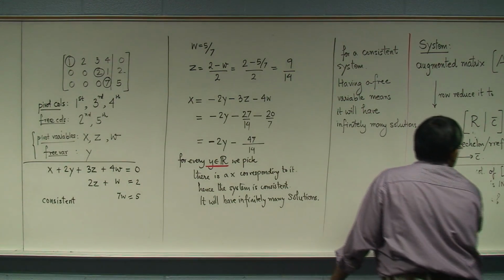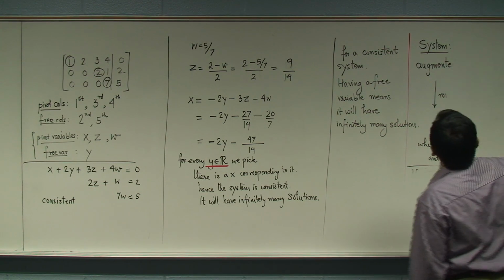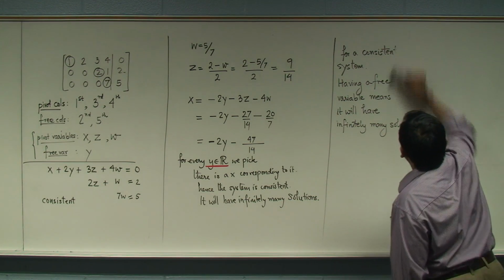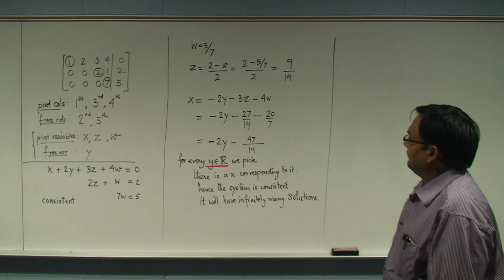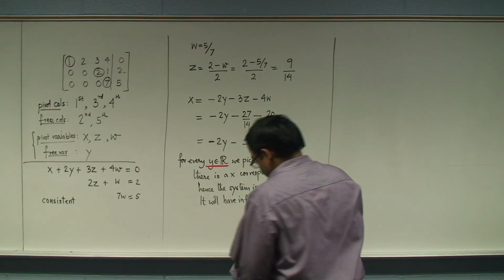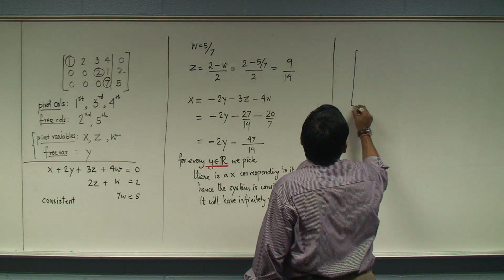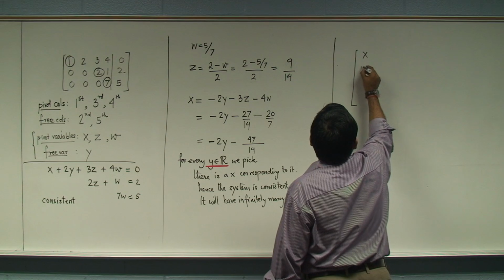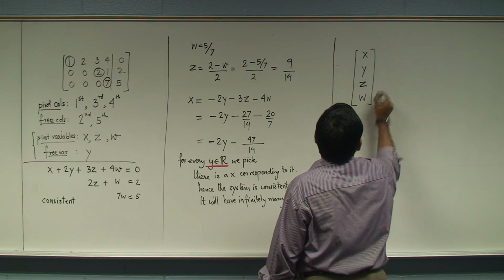We want to learn how to write solutions to these kinds of systems. We have solved everything, but we want to write it in a more pleasant way if possible. So we will choose the so-called vector form to write our solutions, x, y, z, w.